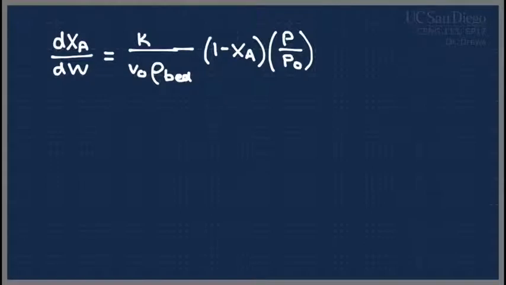That flipping back and forth can be an annoying algebra process. And then our initial condition for something like this is almost always that XA is equal to 0 at W equals 0. Typically, we have no conversion entering a reactor.